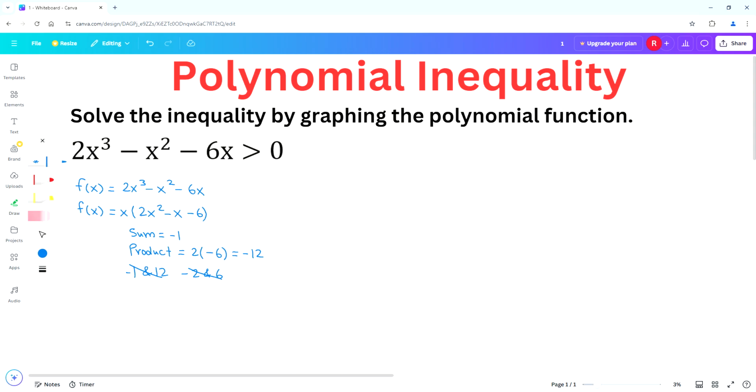Another pair that comes to my mind is -3 and 4. -3 plus 4 is equal to 1, but we are looking for a sum of -1, so we should switch the sign on these two numbers. The numbers should be +3 and -4. Now we can use these numbers to break up the middle term, -x.